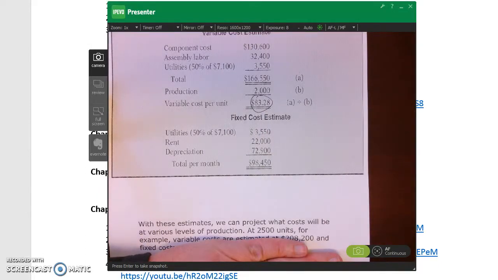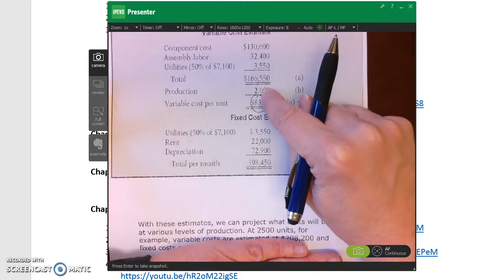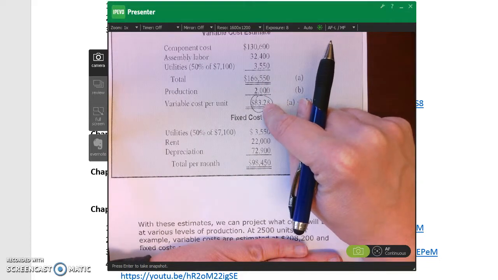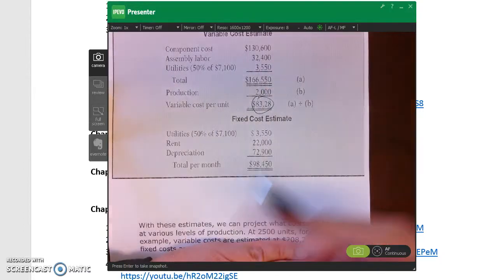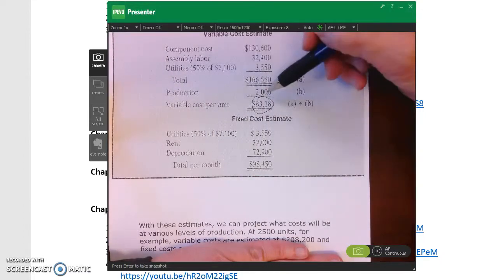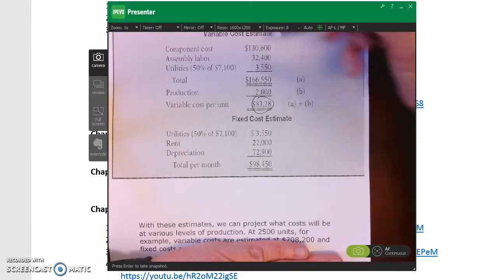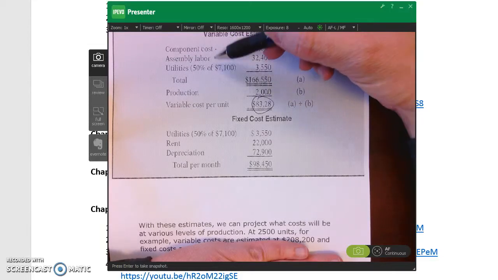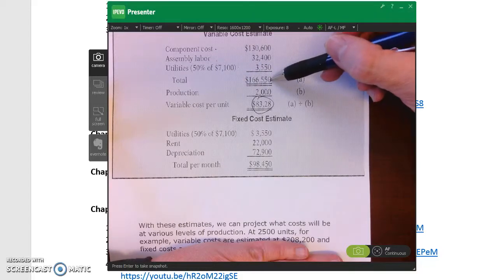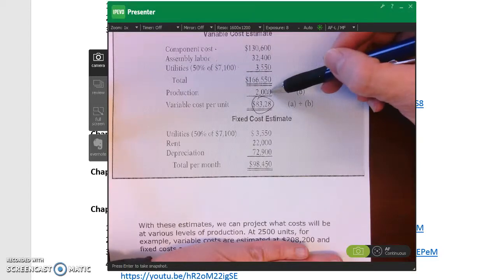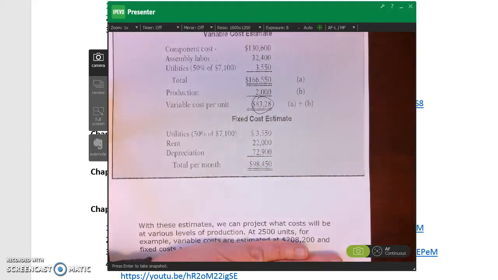You might be confused and say, why is that? Because I'm dividing by 2,500, will this number go down? Well, you forgot to increase this number. Because if I go from 2,000 units to 2,500 units, I'm going to have more materials, more labor, and more utilities, which will increase this number, and I'll divide by 2,500 and I'll still get 83.28.